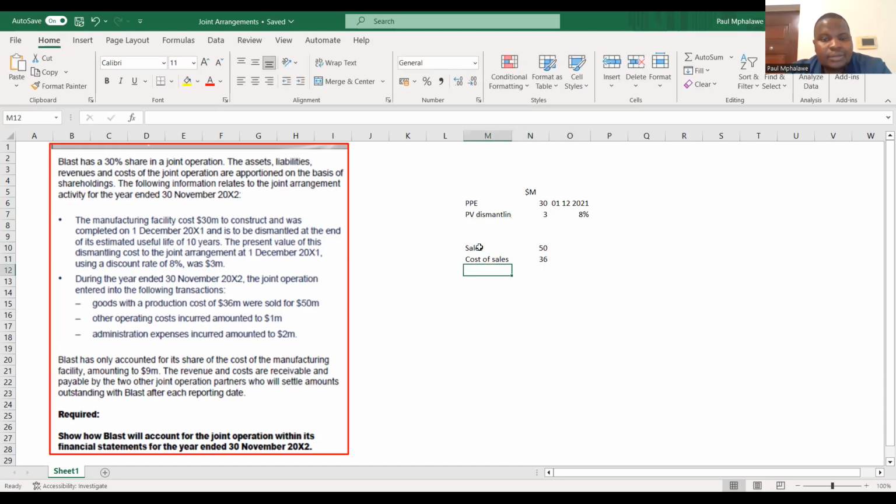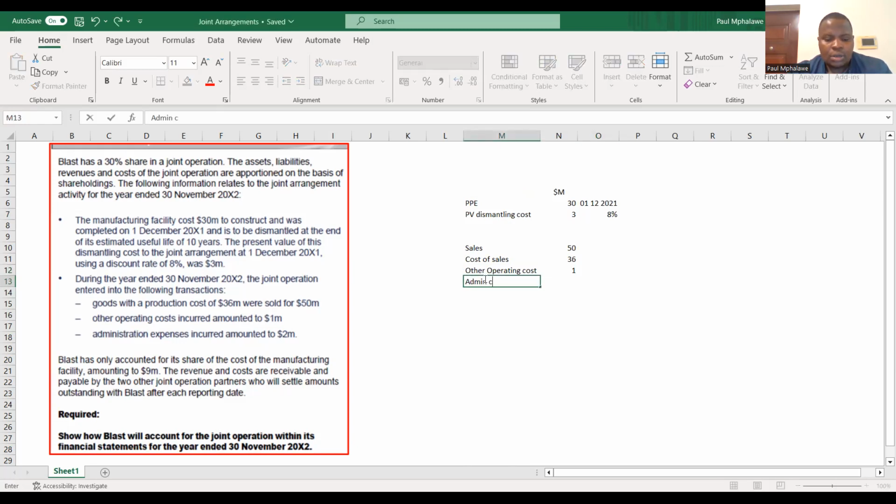Okay. Other operating costs incurred amount to 1 million. And administration expenses incurred amounting to 2 million.